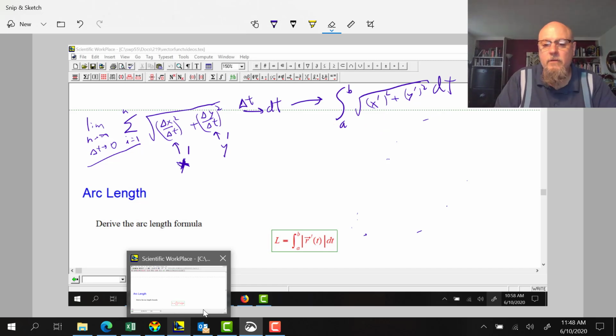Okay, so this is our integral, which is supposed to be the arc length.